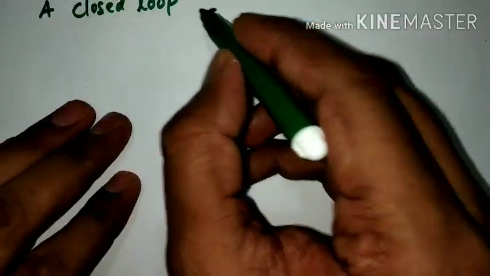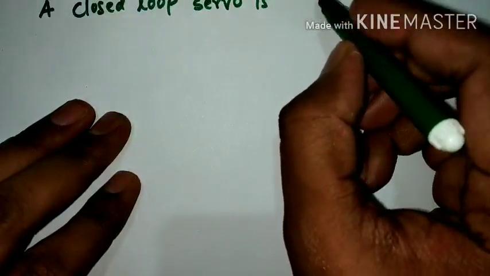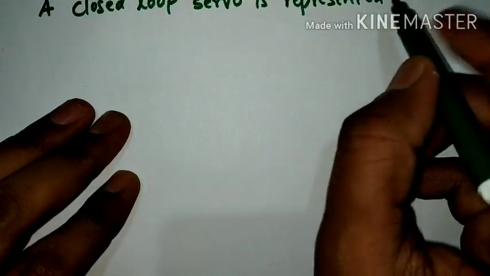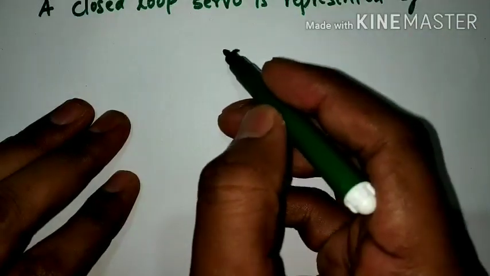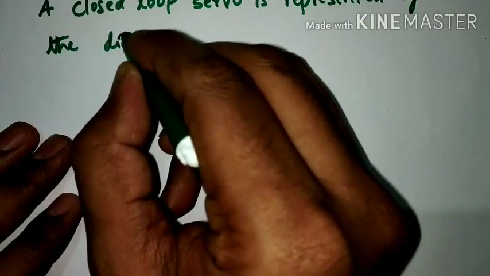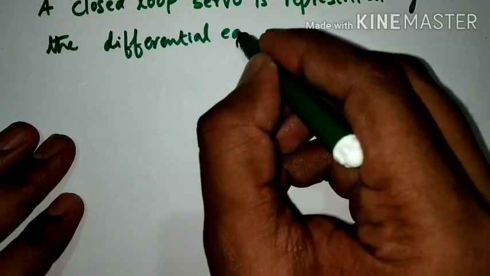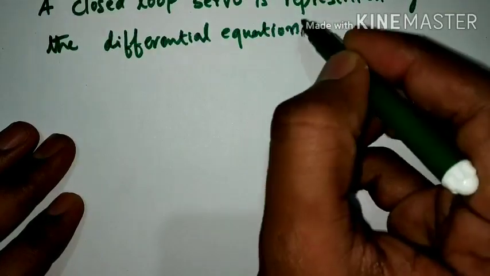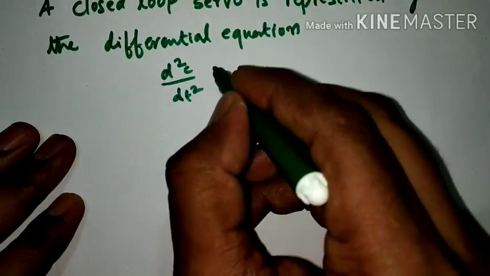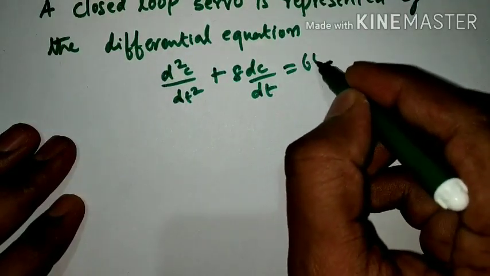A closed loop servo is represented by the differential equation d square c by dt square plus 8 dc by dt is equal to 64 e.